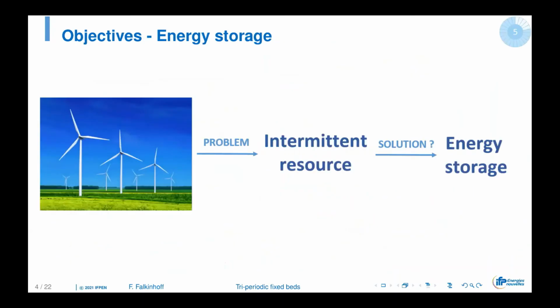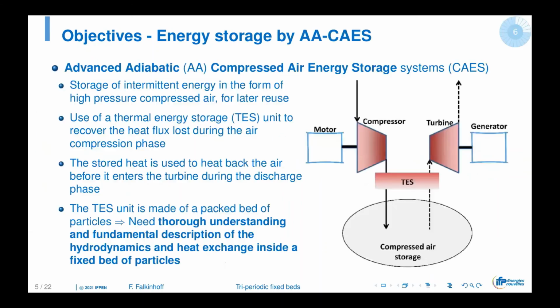So the problem of energy storage is when you have intermittent energy, like for instance wind turbines, you want to store the energy when it is produced for a future use. So you have the problem of storing, and the solution. What are the solutions for storing this energy?